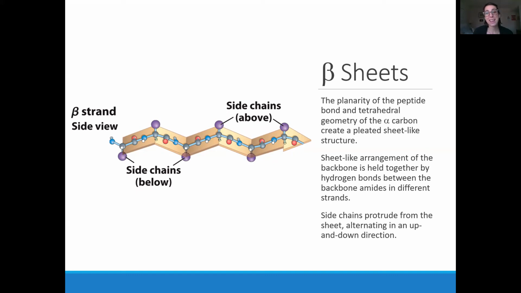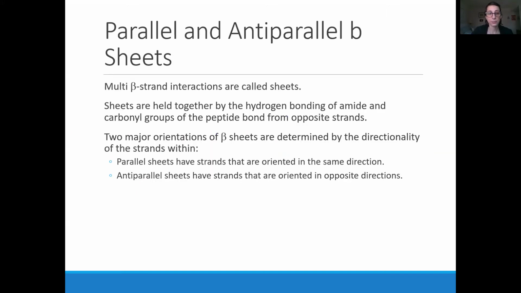The sheet-like arrangement of the backbone is held together by hydrogen bonds that end up between amides and carbonyls on two different strands. These multi-beta strand interactions, in general, are called sheets.